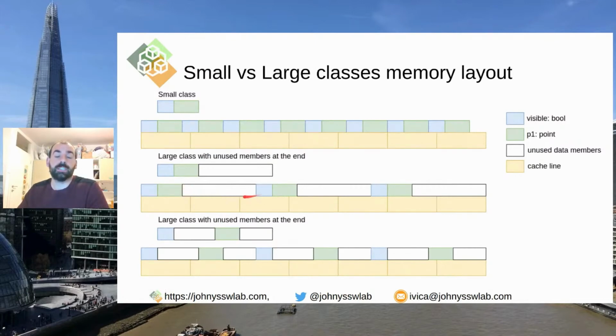The second object is in the third cache line, and you see it's split between the third and fourth. Then you have some part in the fourth cache line, fifth cache line, and sixth cache line. So you see this is much more inefficient because, for example, here you're only using 1/3 of the cache line. Here you're using 1/2 of the cache line. And this is the case where you have large classes with unused members at the end and also in the middle.